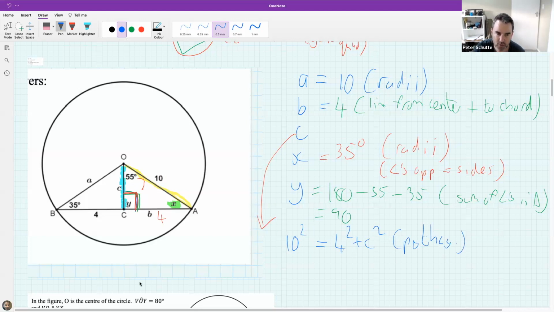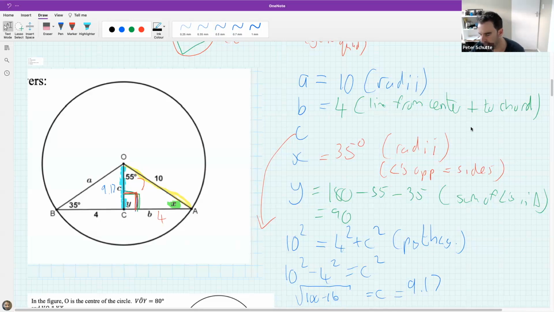And then if I do some rearranging, 10 squared minus 4 squared equals c squared. And then basically I just need to go 100 minus 16 equals c squared, which should give me about 9.17. So that would be 9.17.